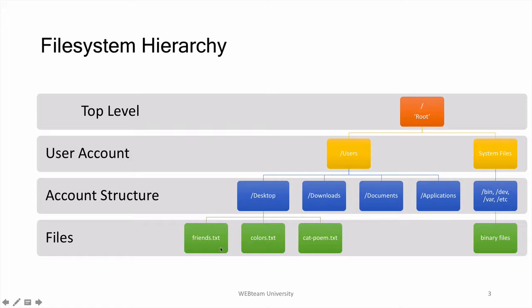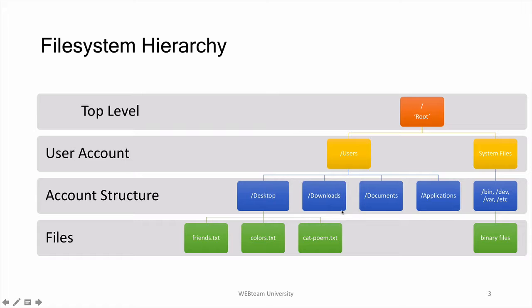Now, when you're navigating with the command line, you're not using a graphical user interface. So when you want to go back to the users directory, you have to kind of know where you are to navigate around. We would have to go back to the desktop and then go back to users. And then from users, we could go into downloads. And then from downloads, if we had a download, we can go into that.